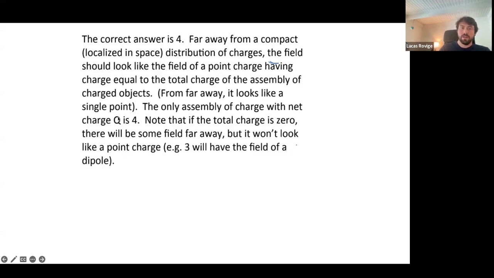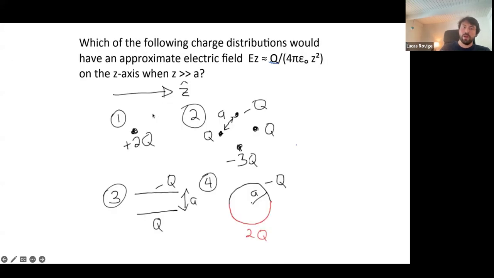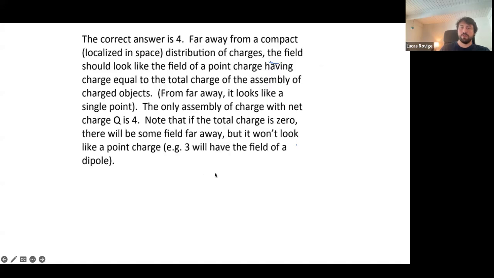When you go sufficiently far away, these distributions look like a single point, and so you can apply the typical electric field formula for a single point.